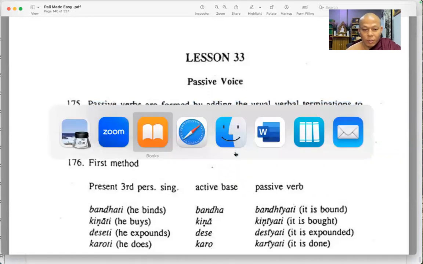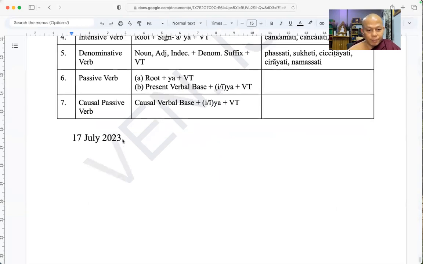So to form the passive verb, the first way is to take the present vowel base, and then the passive voice suffix "ya" is added.